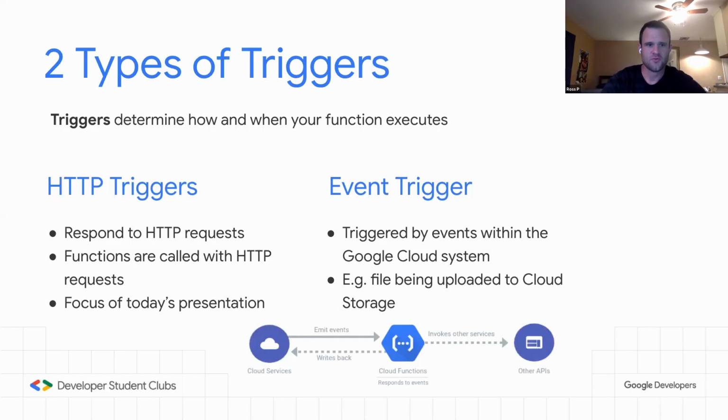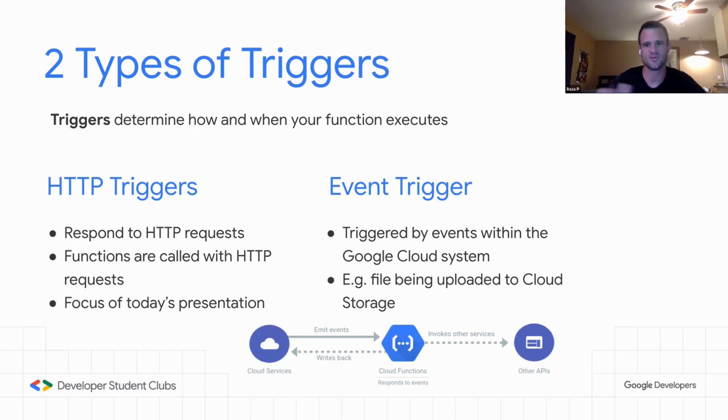But there are two types of triggers, and triggers determine how or when the function executes. So essentially, what occurrence should cause your function to run. And when you associate a trigger with a cloud function, your function will execute when the trigger fires.